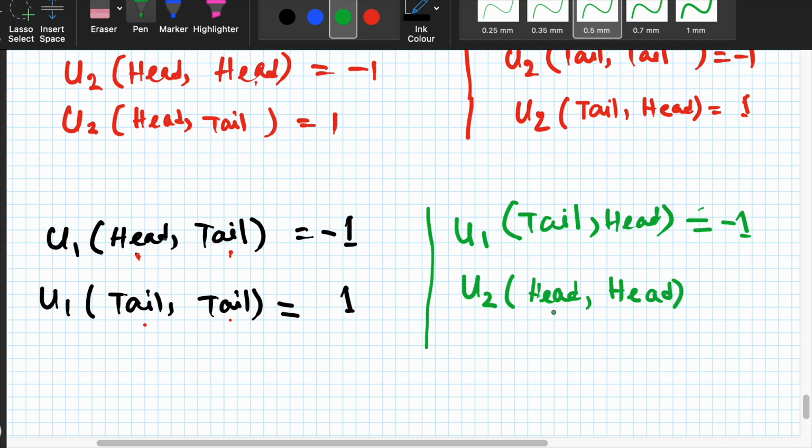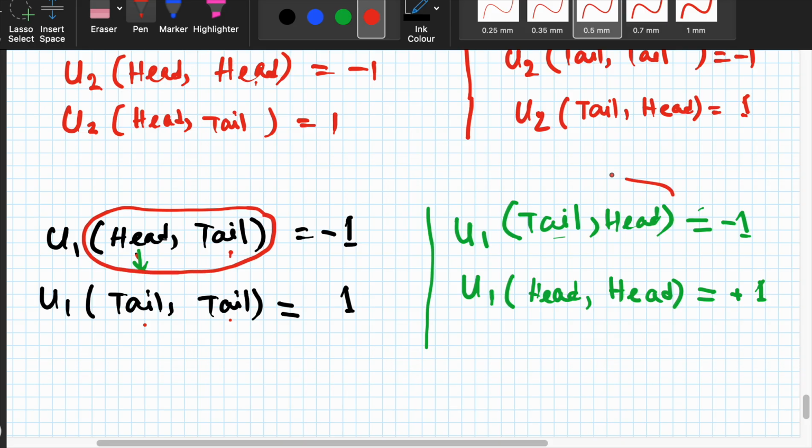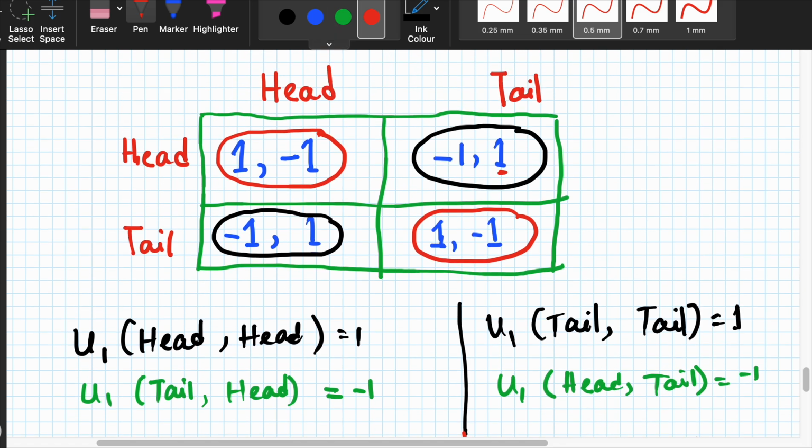Yes, there is an incentive, because in this strategy he will get a payoff of +1. So in this situation, player 1 has an incentive to change from this strategy, head, tail or tail, head, unilaterally from this action profile. So these two action profiles are also not Nash equilibria.